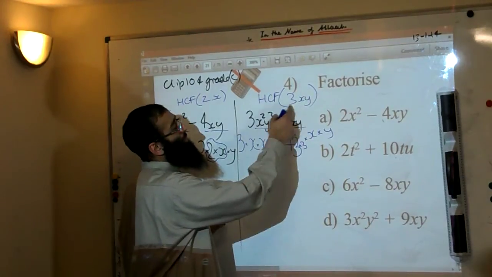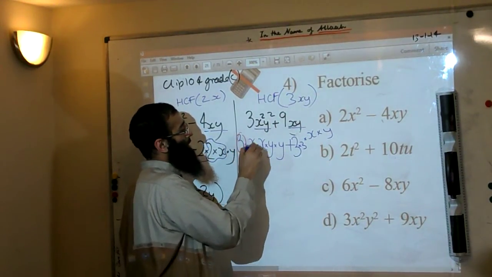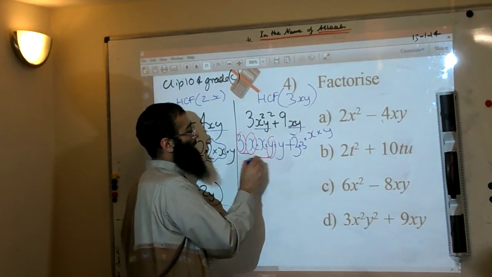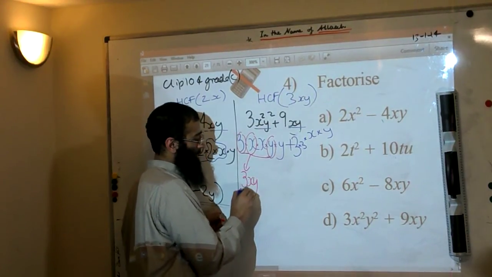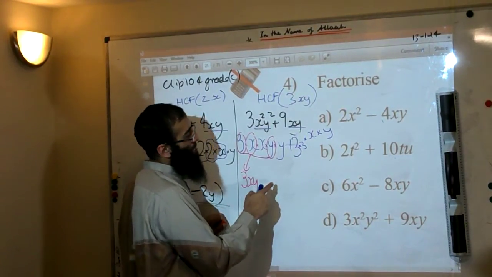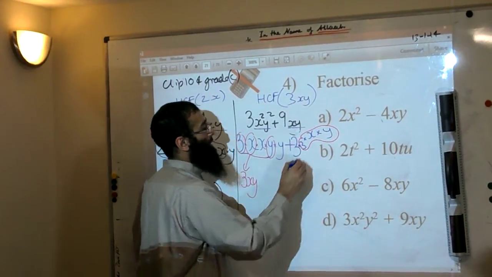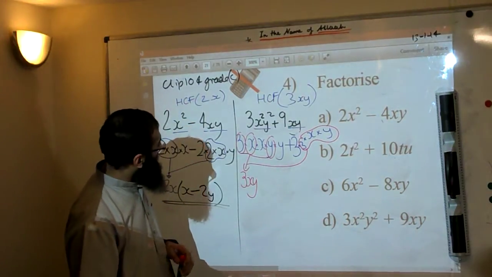What's common here is the 3xy. Where's the 3xy? So we've got here the 3 and the x and the y separately. Just link them up. And where's the 3xy here? Here it is. Now, what do we have left over?